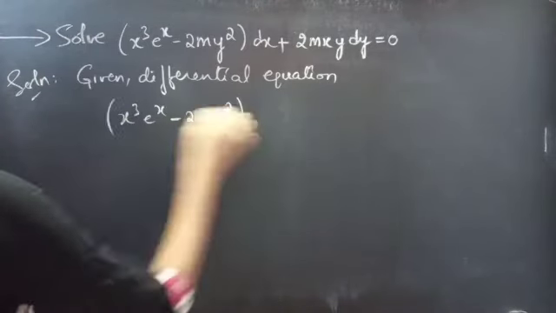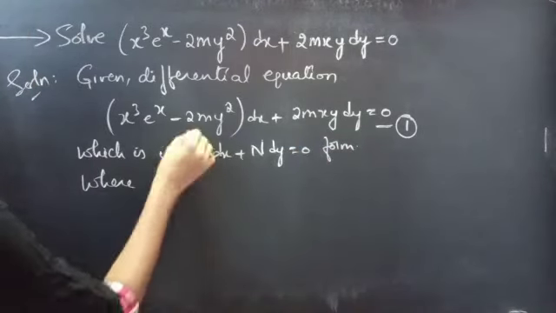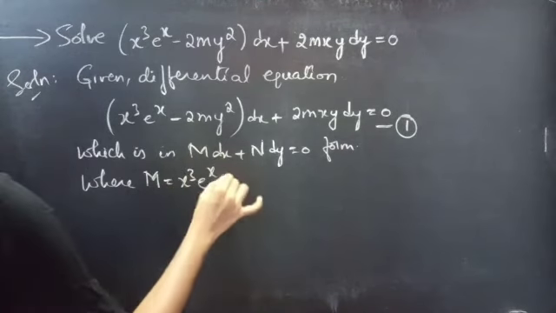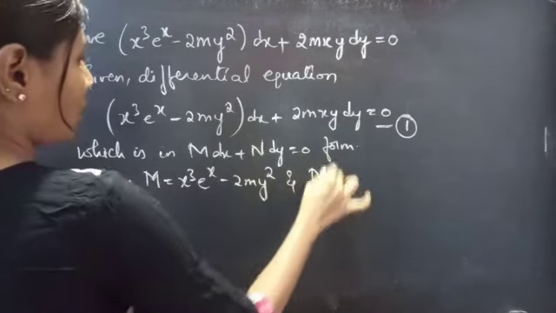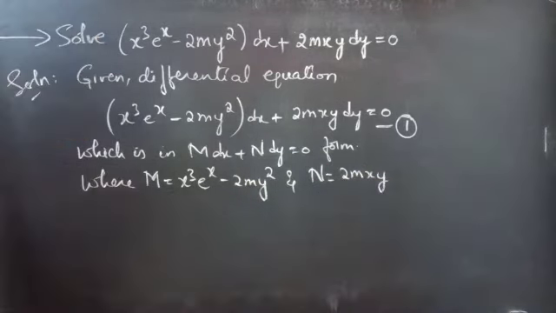Right? Consider it as equation 1, which is in M dx + N dy = 0 form, where by comparing these two equations we'll get M = x^3 e^x - 2my^2 and N = 2mxy.